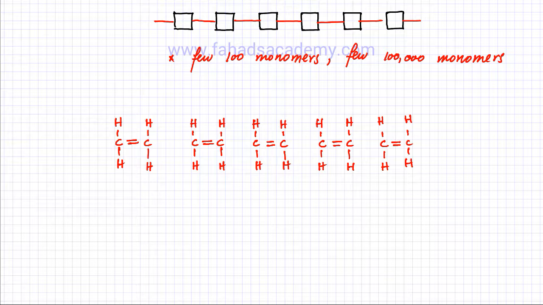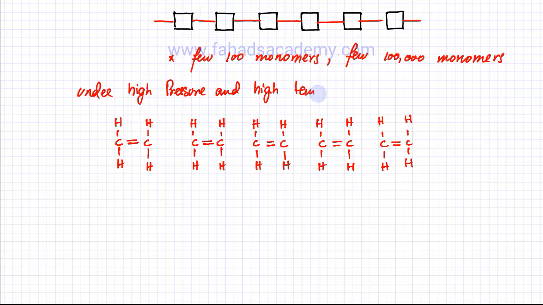when you put ethene under high pressure and high temperatures, all these alkene molecules, the double bond that is joining the carbon atoms, breaks.